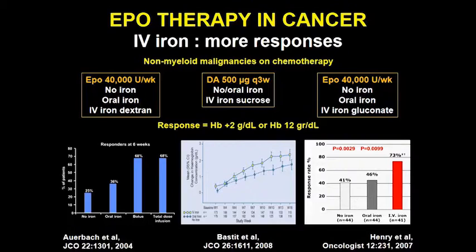And since there is quite often either absolute iron deficiency or functional iron deficiency in cancer patients, well, cancer patients actually are more susceptible, more prone to developing functional ID.